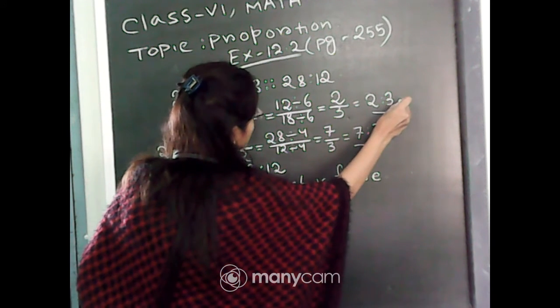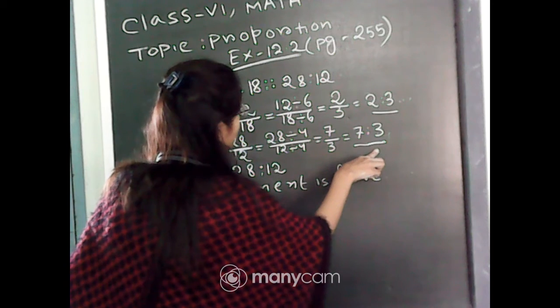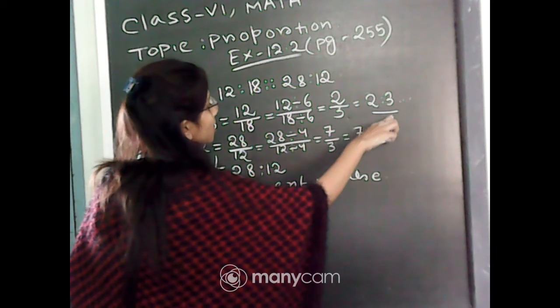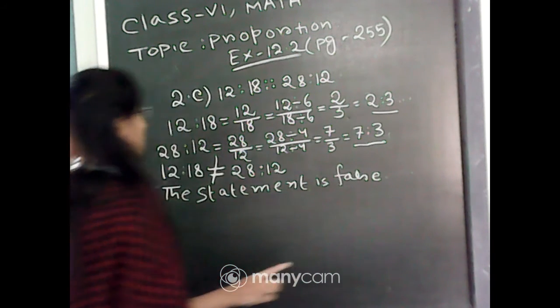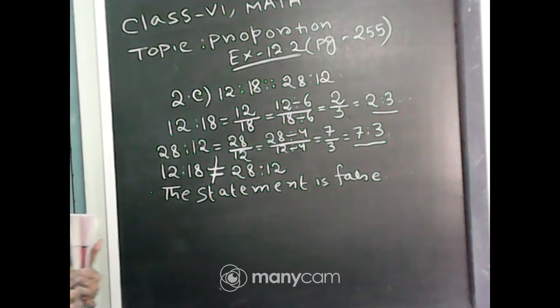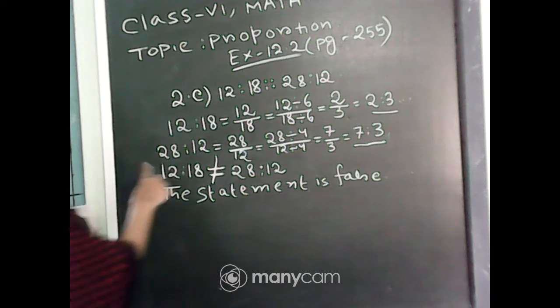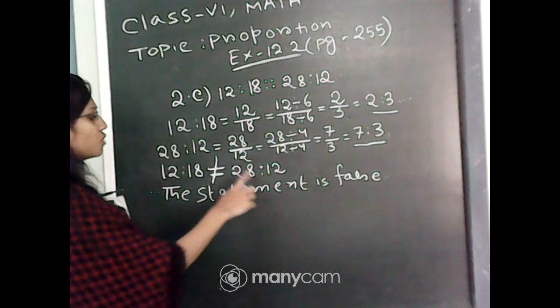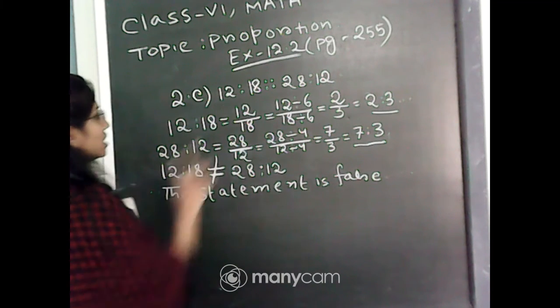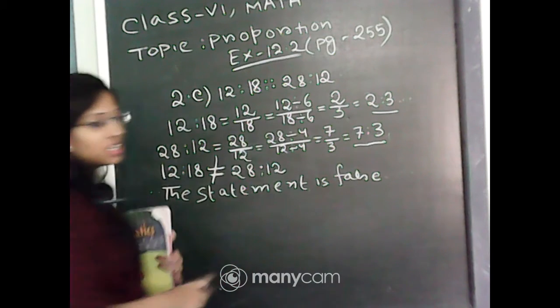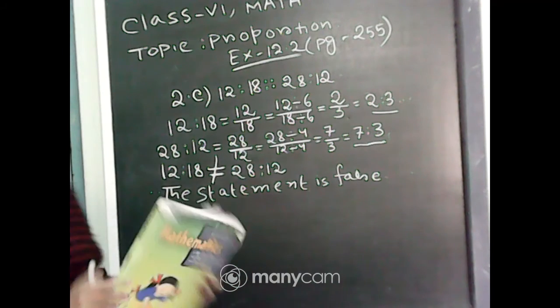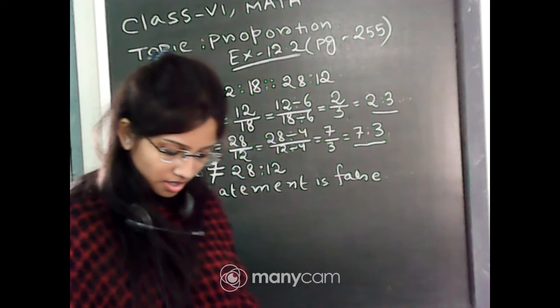Here the ratio is 2 is to 3, and here the ratio is 7 is to 3. So, the ratios are not equal. Since the ratios are not equal, the quantities are not in proportion. That is, 12 is to 18 is not equal to 28 is to 12, and therefore the given statement is false.